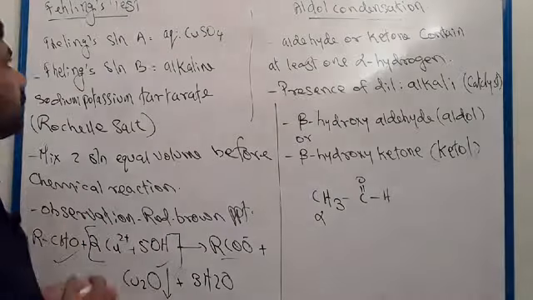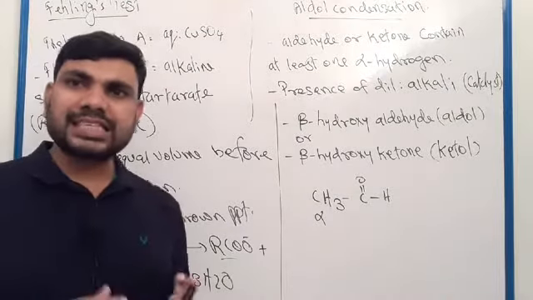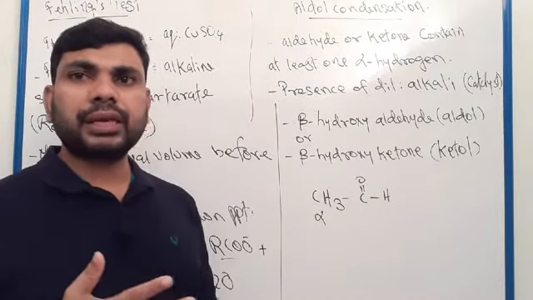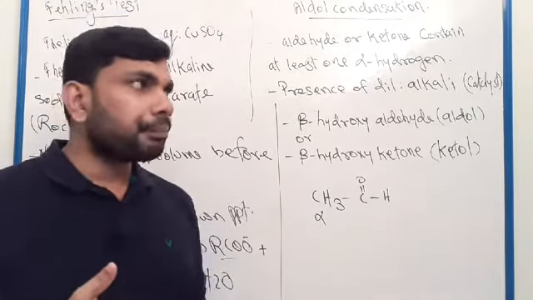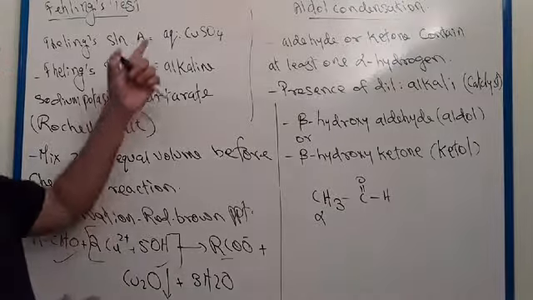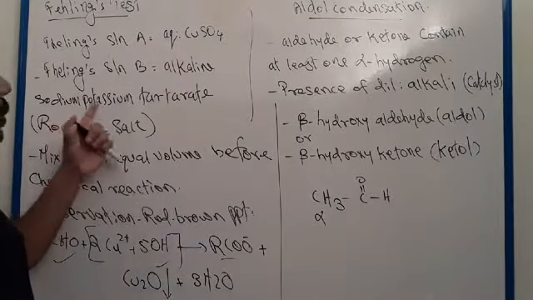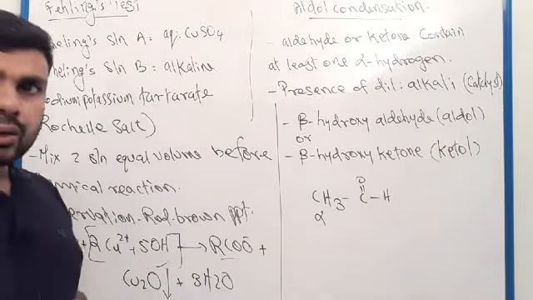So this is about Fehling's test. For Fehling's test there are two solutions, Fehling solution A and Fehling solution B. We have to remember aqueous copper sulfate and here sodium potassium tartrate.